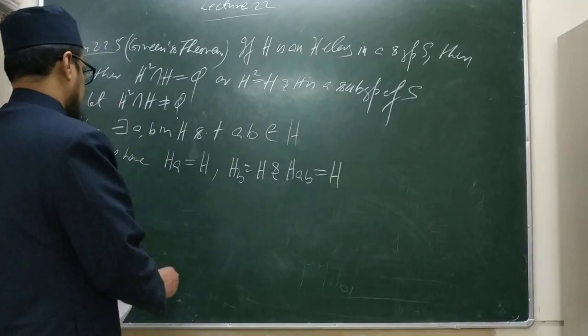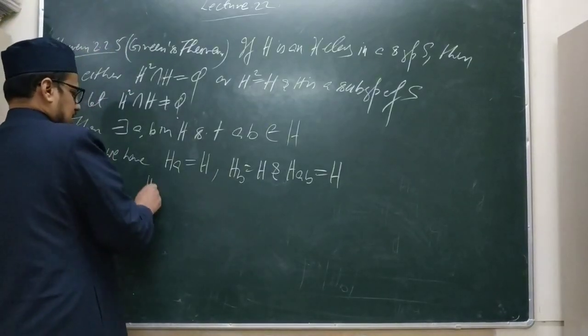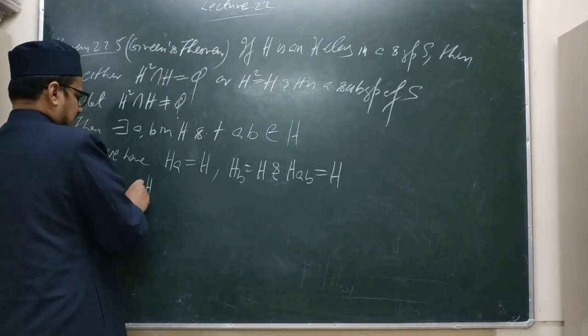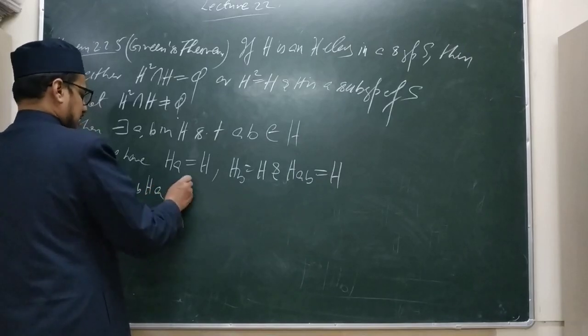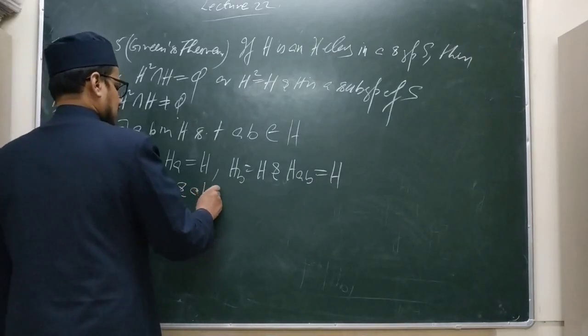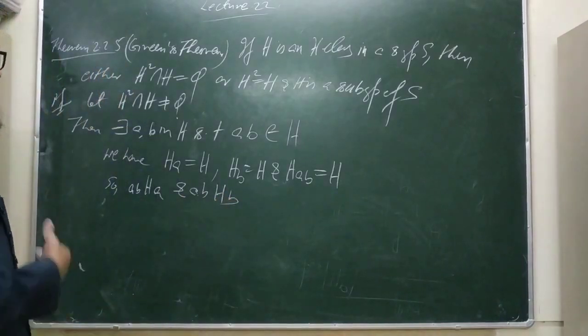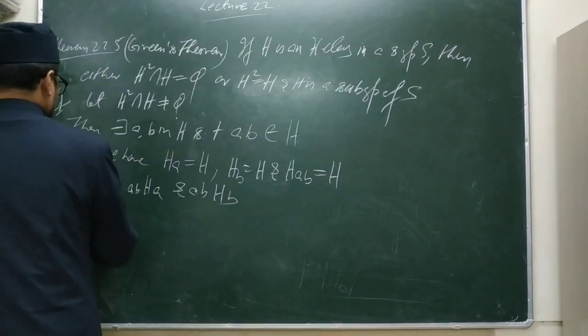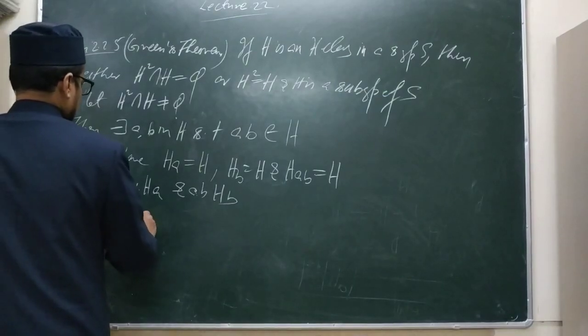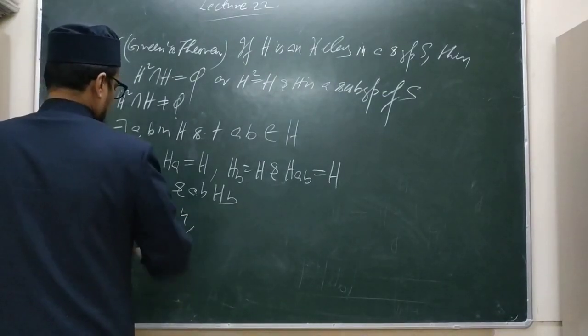This we have. So Hab, basically we have ab, Ha and ab, Hb, both we have. So we can apply the previous lemma, that is by lemma 2.2.4, correct?